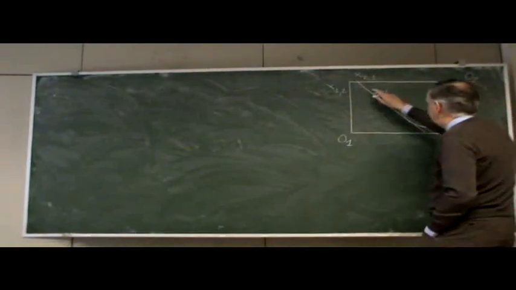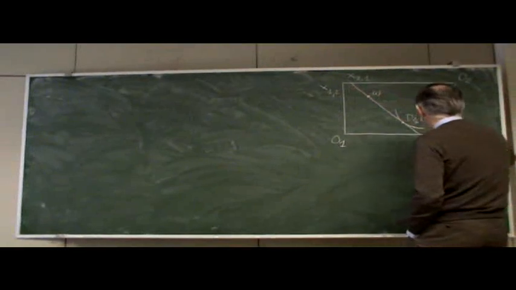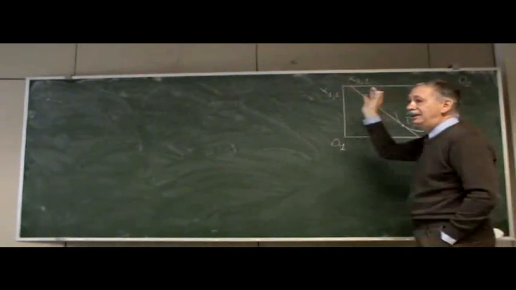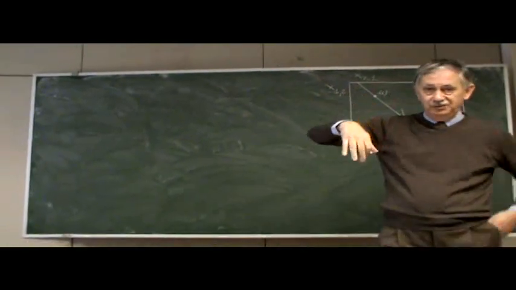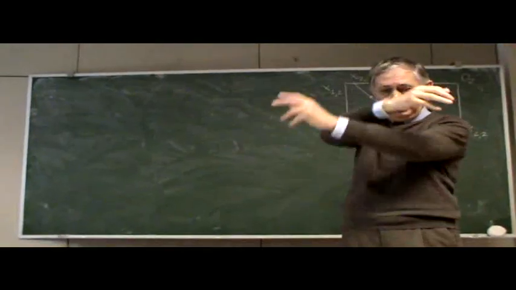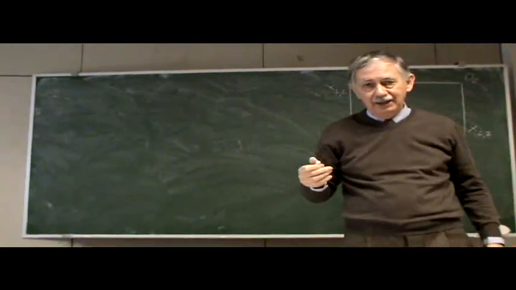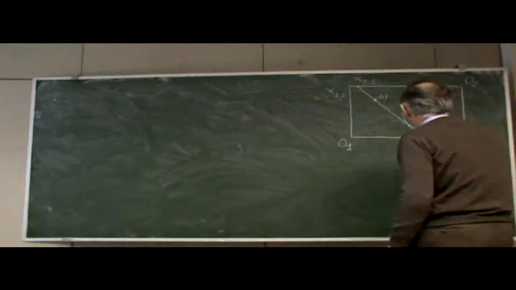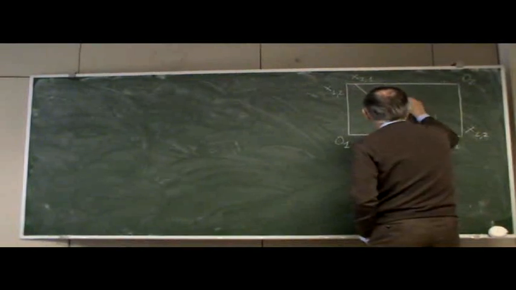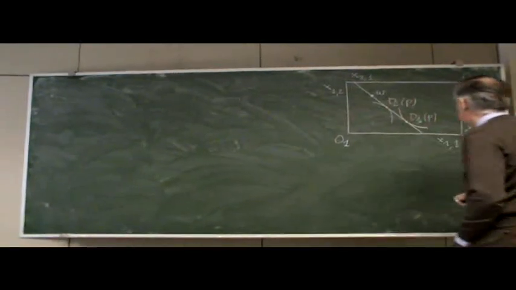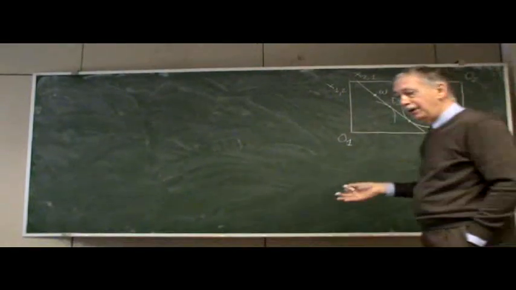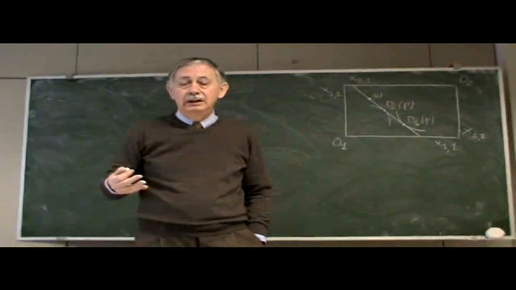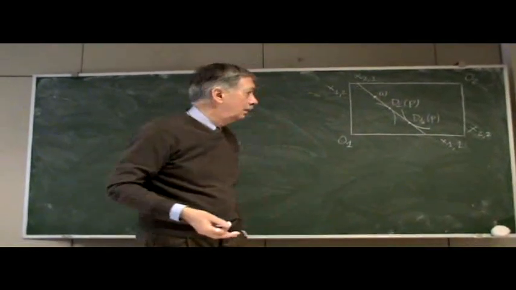Since for consumer 2 this is the budget constraint, and his indifference curves are rotated by 180 degrees, the optimum point, say, is this, D2 of P. Clearly, this situation is not an equilibrium situation.